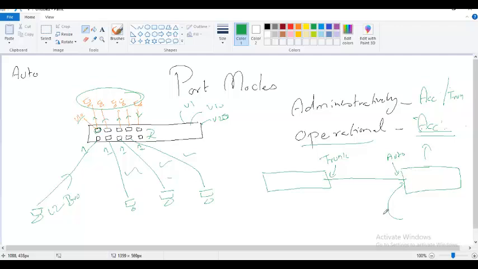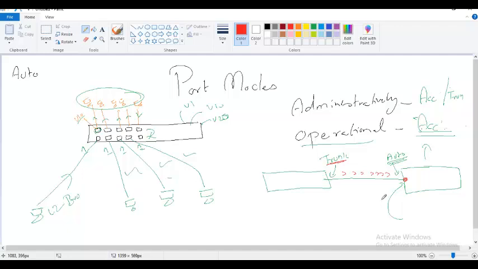But operationally it became trunk because this switch 1 went to the other end and said, I'm a trunk. What do you want to be? You decide. Then this port says, okay, if you are trunk, I have no problem turning into a trunk.